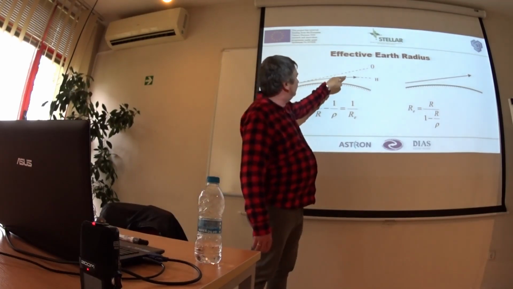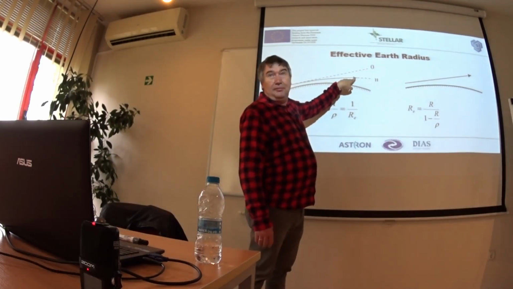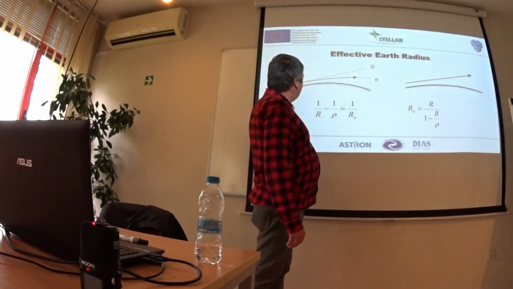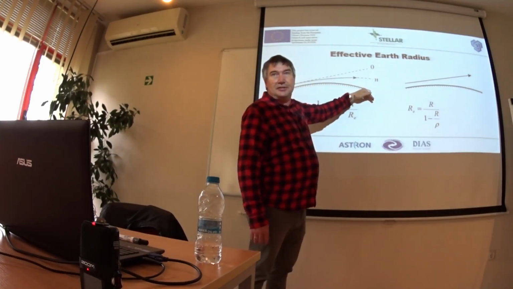This is the path of the wave in the troposphere. This is a straight line, and this is the real Earth surface.